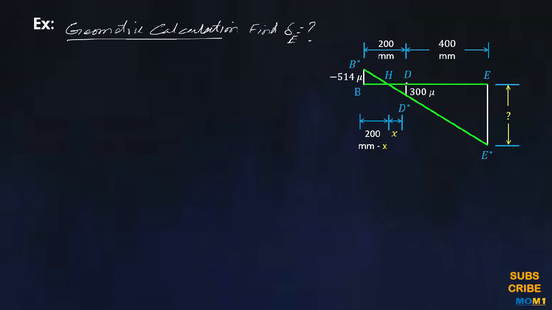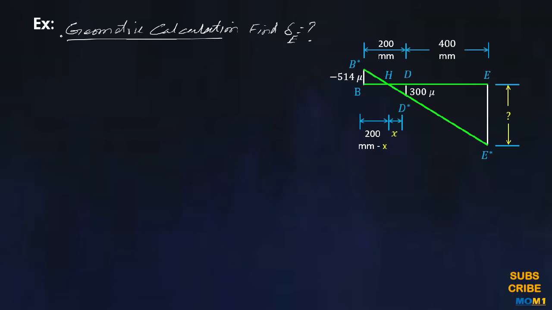Using these values we have drawn this. First we will calculate the value of this x, and then the value of this E star, which is in fact the deflection at point E.